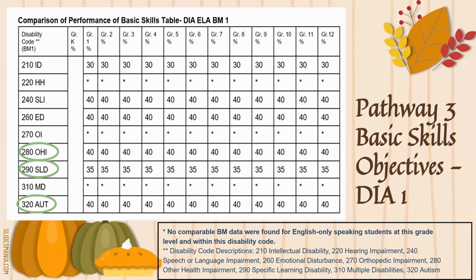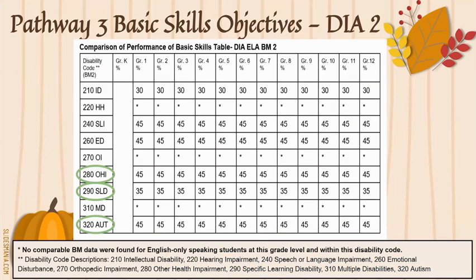So on the next slide, we're going to see the percentages for, I'm sorry, that was DIA number 1, the percentages for DIA number 2. The reason that they're slightly different is because we looked at the performance of English-only students with disabilities and what the averages were. So if you notice, the percentages are just a bit higher for DIA number 2.